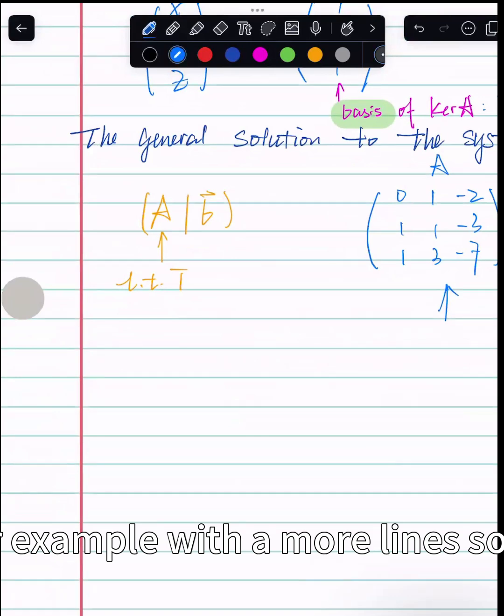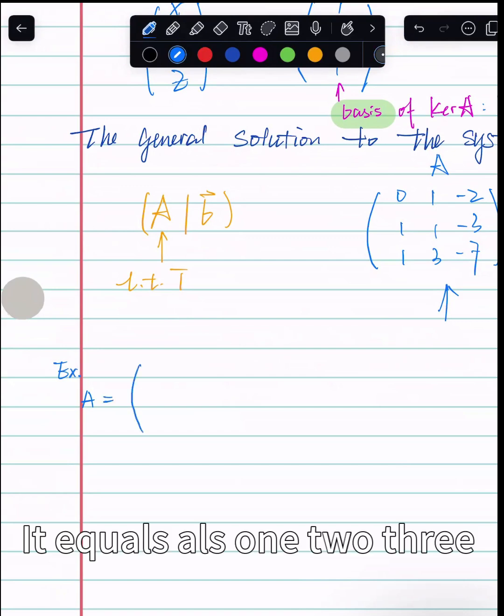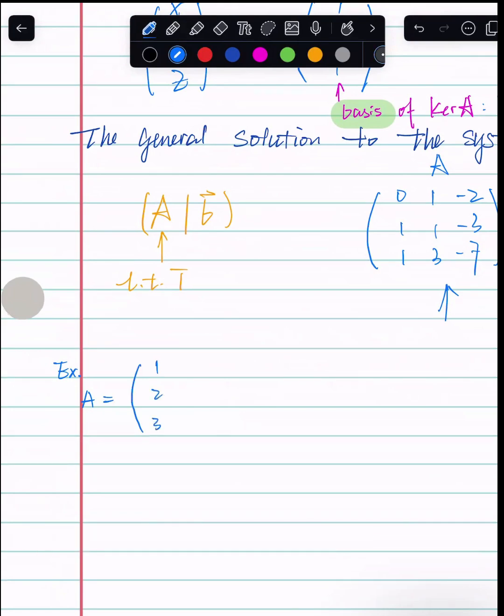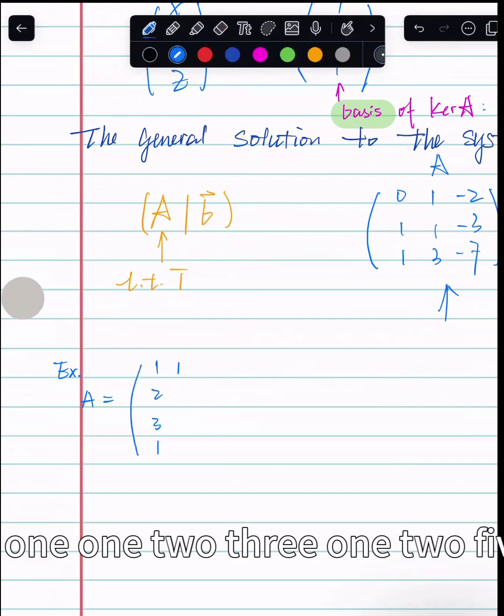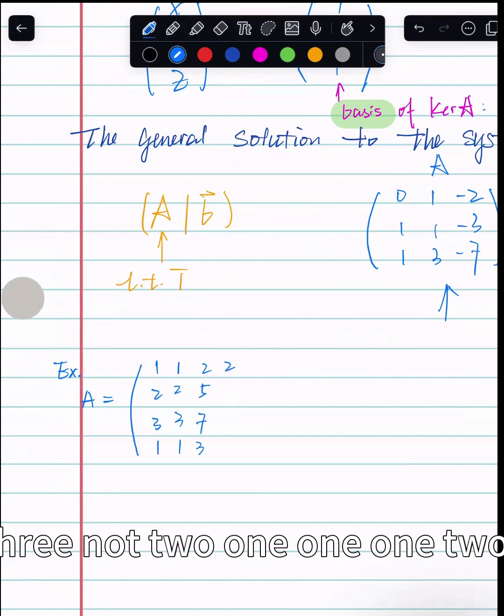So if we have matrix A equal to 1, 2, 3, 1, 2, 3, 1, 1, 2, 3, 1, 2, 5, 7, 3, 1, 3, negative 1, 1, 1, 2, 0.